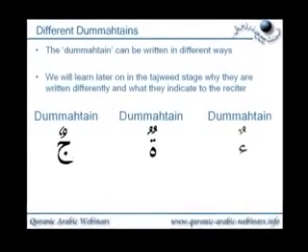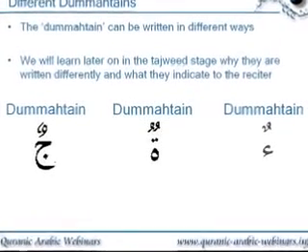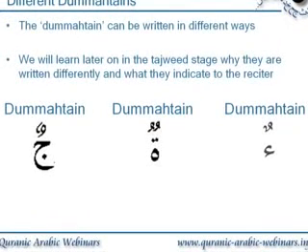For now, what we need to know is just that these three symbols, or these three different ways, can be used to indicate dhammatain. The first one is a little dhamma with a hook on it, and you'll see this in some scripts. You see it a lot on the computer, like we've got it on the slides, because generally the computer fonts show it in that way.